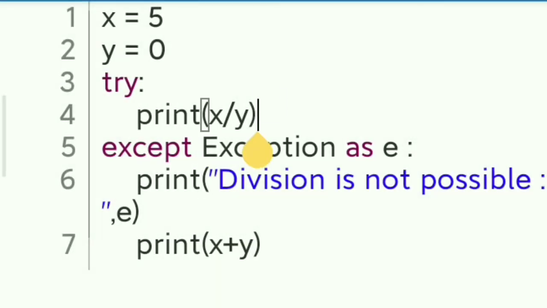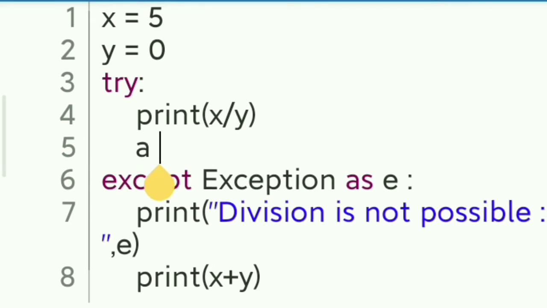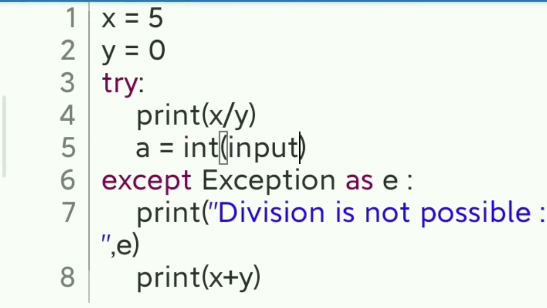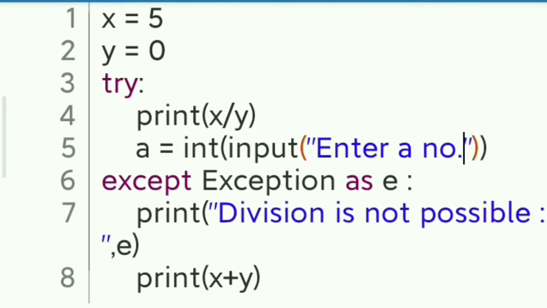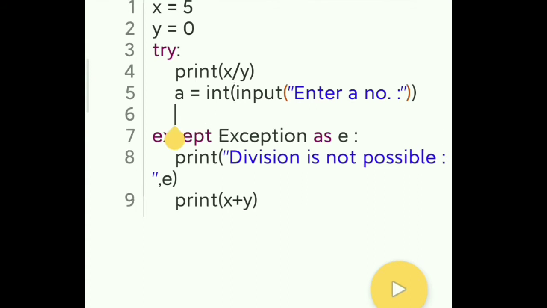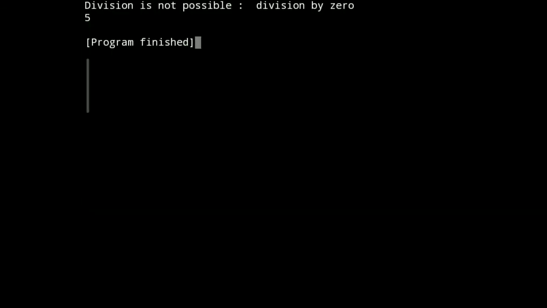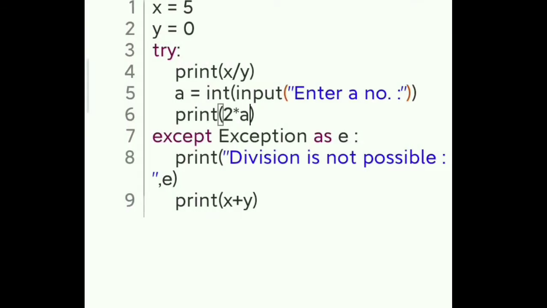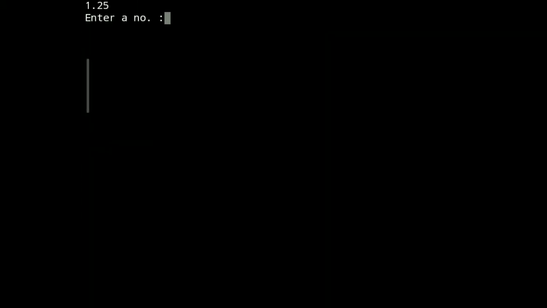Let us take a variable a that will take an integer value from the user, and we want to print twice of that value. We put it in the try block. If we run the code, we put 4 to go to the try block.